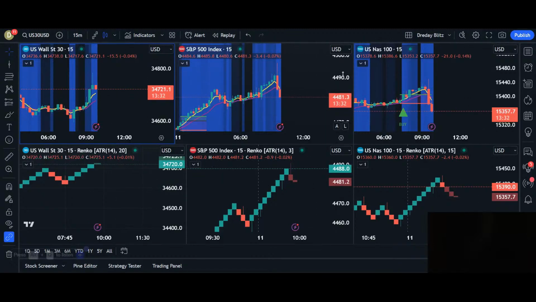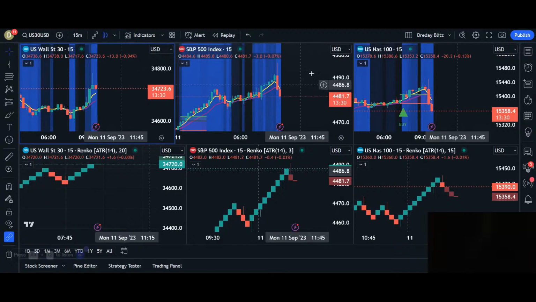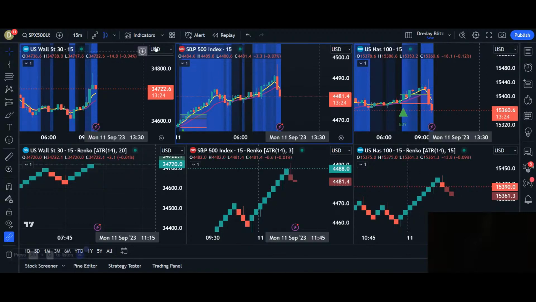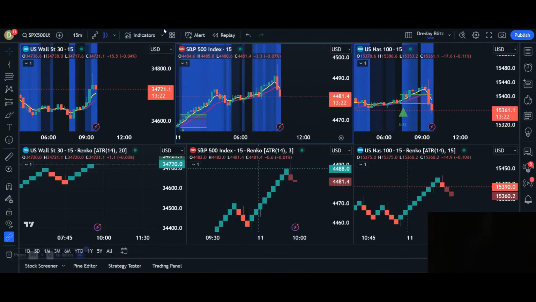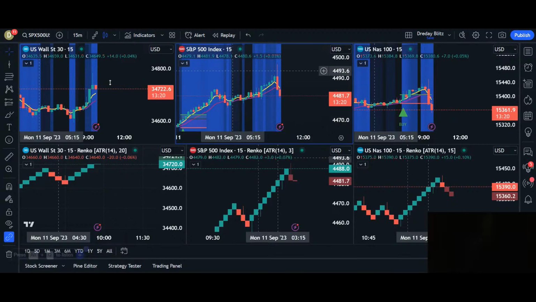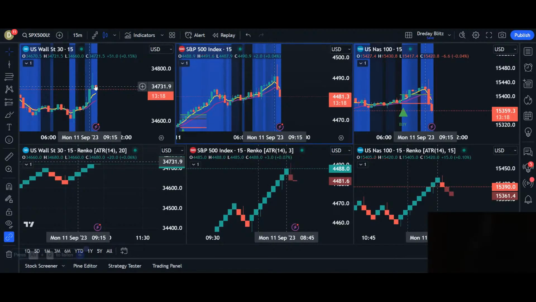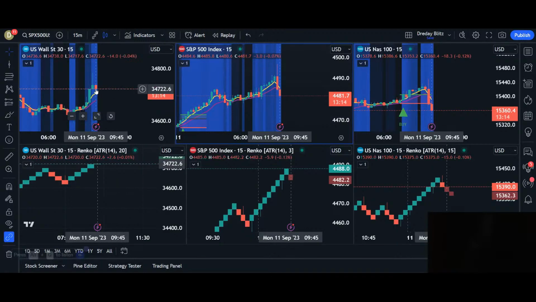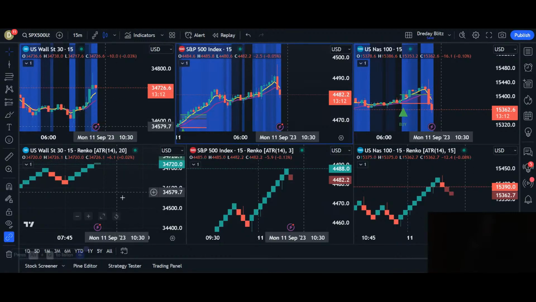It's selling off right now. And for, sorry, S&P 500, it's selling off. US 30 here is starting to exhaust a little bit.